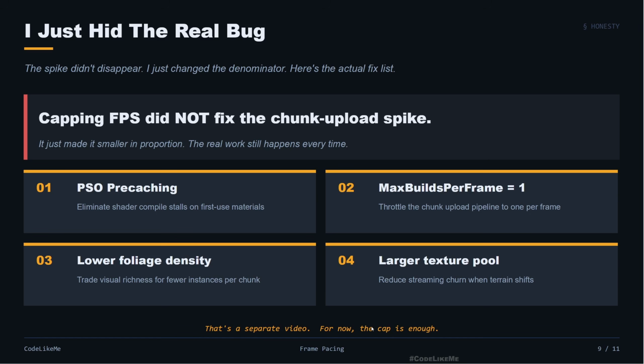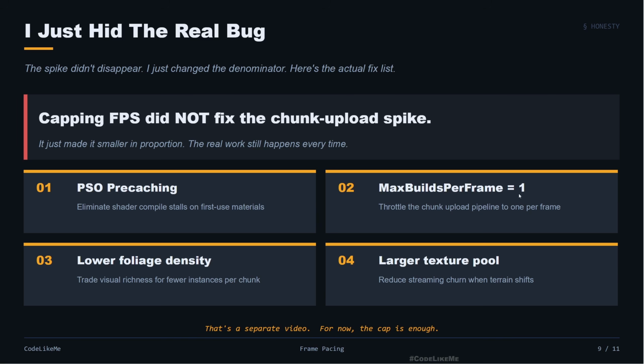But other than capping FPS, there are some options that you could still try. PSO precaching, which avoids shader compilation stalls on first use of materials, and MaxBuildsPerFrame. PSO caching is not specific to my project, but MaxBuildsPerFrame is, because I have a way to cap how many chunks in the world are generated per frame.